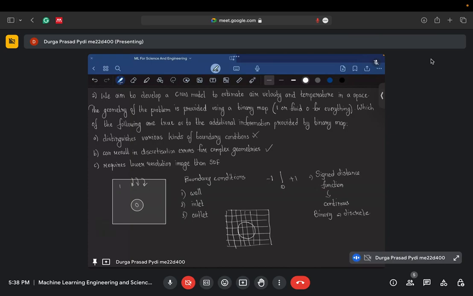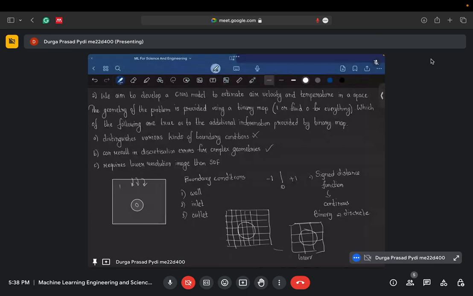It requires lower resolution image than SDF. By lower resolution, I mean this. A lower resolution means you are using bigger boxes to divide your domain. So if you have something like this, the same problem, this is lower resolution compared to this one.